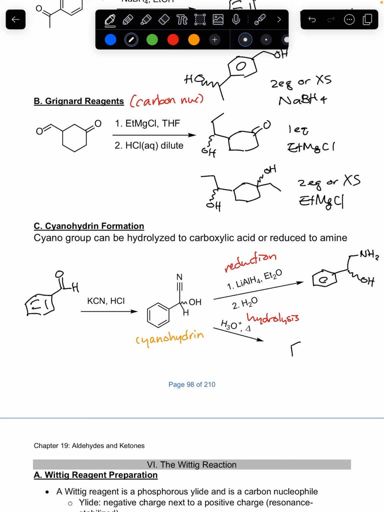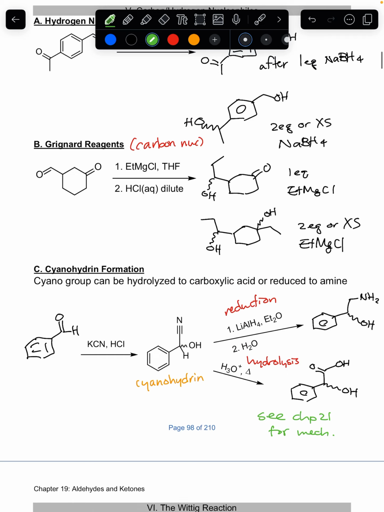Hydrolysis is so called because by adding water, you're breaking up the carbon-nitrogen bond. And what you can actually make is this carboxylic acid. As we said, we'll discuss the mechanisms for these in chapter 21.